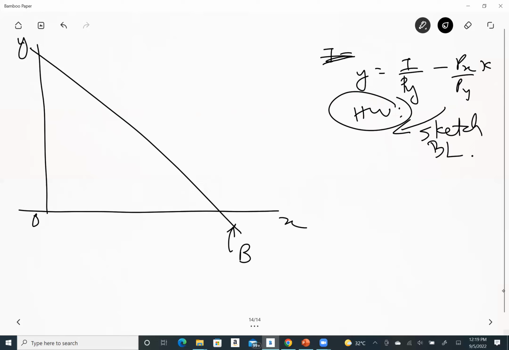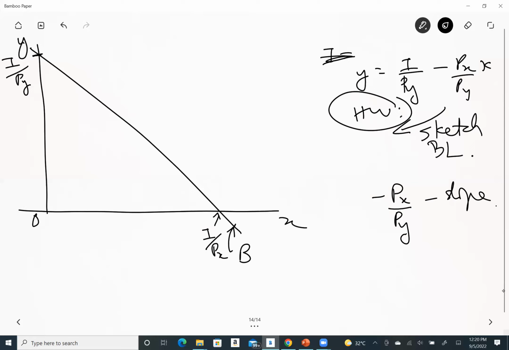Now we don't have time, but the budget line will look like this. And this is the real income, I over PY. And that is the real income also in terms of X, I over PX. And the slope is negative PX over PY. That's the slope. So the substitution effect is the slope. The income effect is I over PY.